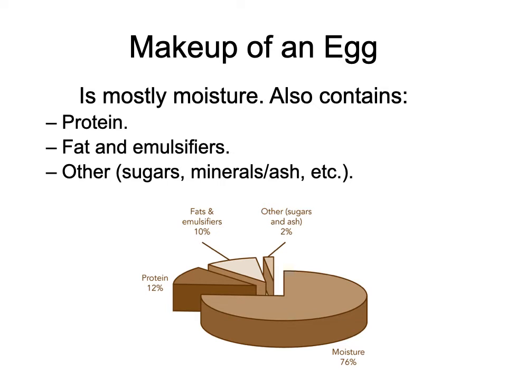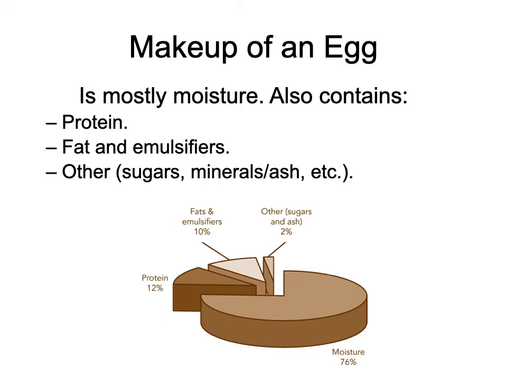So what are eggs made of? Mostly water, mostly moisture. As a whole egg, when you include the yolk and the white together, they're about 76% moisture, which is about the same as the human body and is the same as basically a chicken. It does have protein in it, quite a bit of protein in fact, about 12% overall. There's about 10% fat in an egg, that's primarily in the yolk.